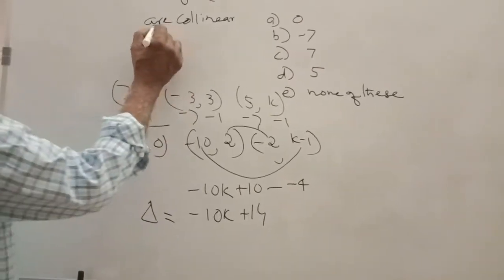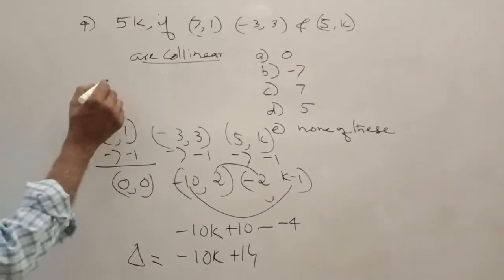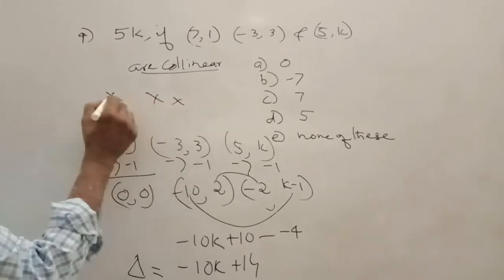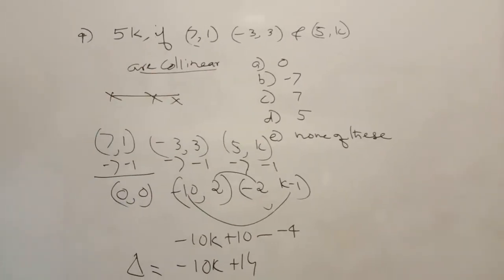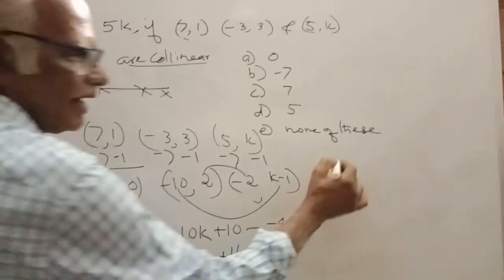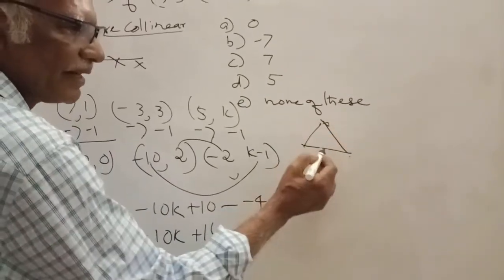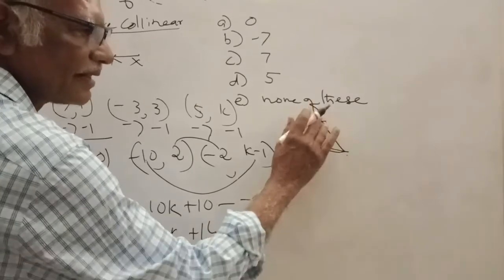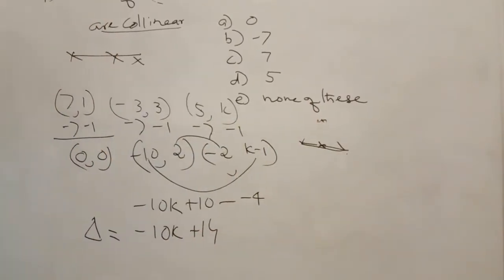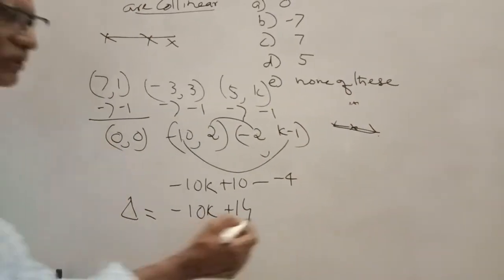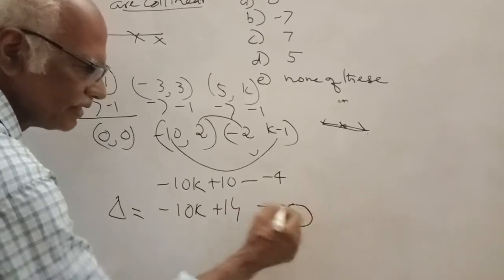Now what happens if the points are collinear? If the points are collinear, you see there is no triangle. A triangle has 3 vertices, and if this vertex comes over here, the triangle is not there. Area is 0.